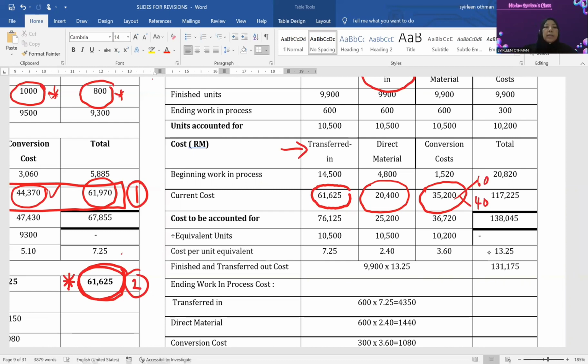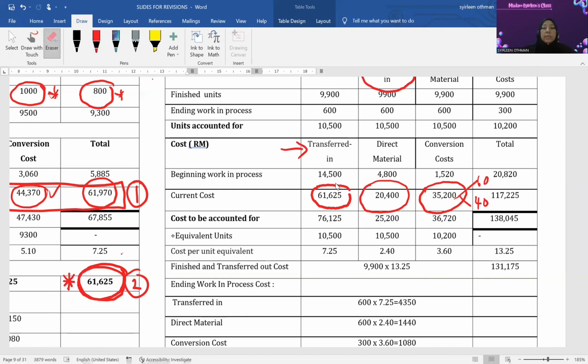Okay, adakah 61,625 ni will be journalized as a current cost for the second department? No. Yang ini tak masuk ya. Sebab this is transferred from the previous department. That means di previous department, nilai ini telah dijurnalkan. So yang kita perlu jurnalkan yang sekarang saja, which is 20,400 and 35,200.